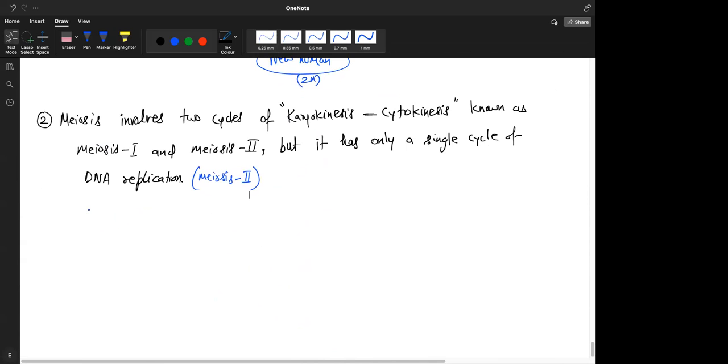So please come to page number 168 of your NCERT, quickly. 168, people. Did you see 168, 169 and 170?